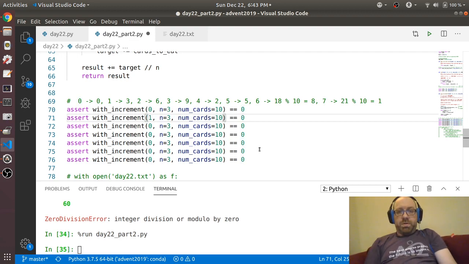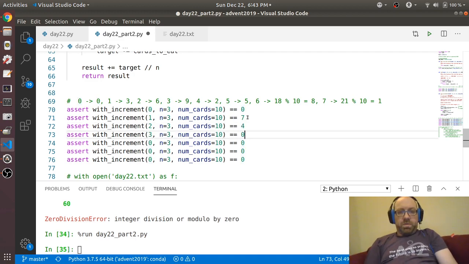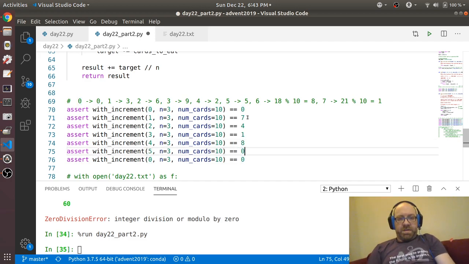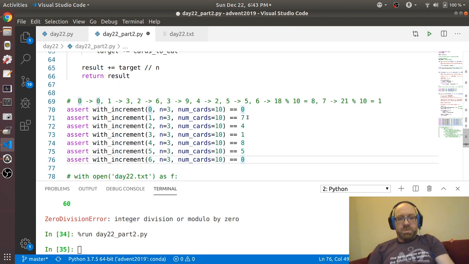And now let's do all these. So 1, 7 goes to 1, so this should be 7, and 2 comes from 4, 3 comes from 1, 4 comes from 8, because that'd be 24, 5 comes from 5, because that'd be 15, 6 comes from 2.